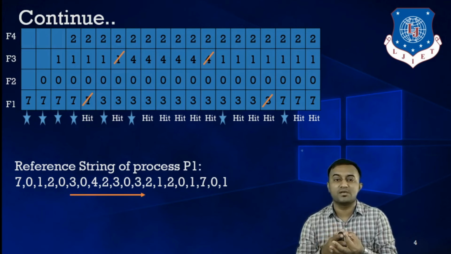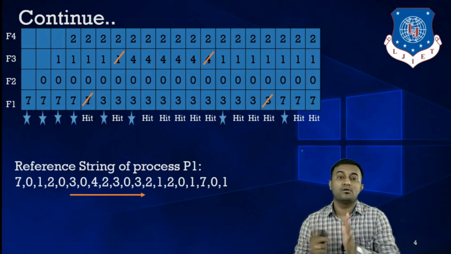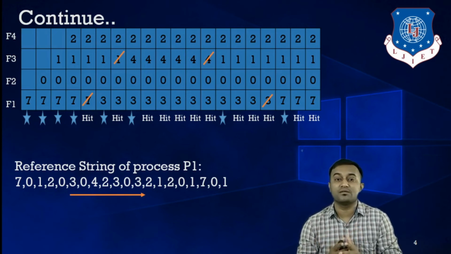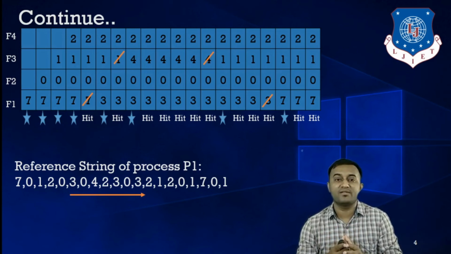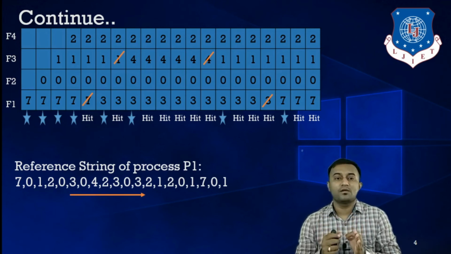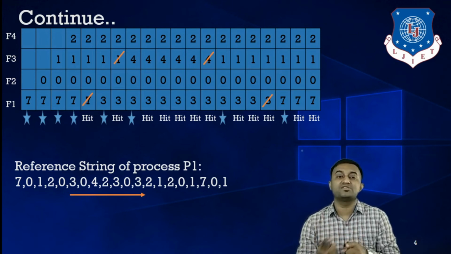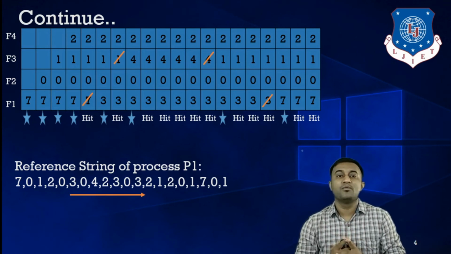Page number 3 is nearer to 4, and page number 1 is located in the last position as compared to the other page numbers that we have in main memory. So now this page number 4 would be located into main memory in place of page number 1. Okay, so again this would be considered as page fault.